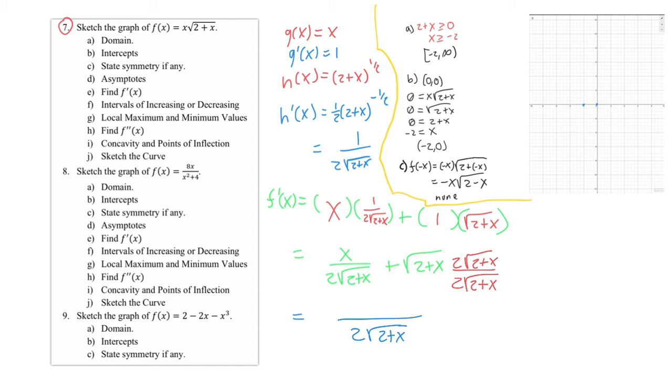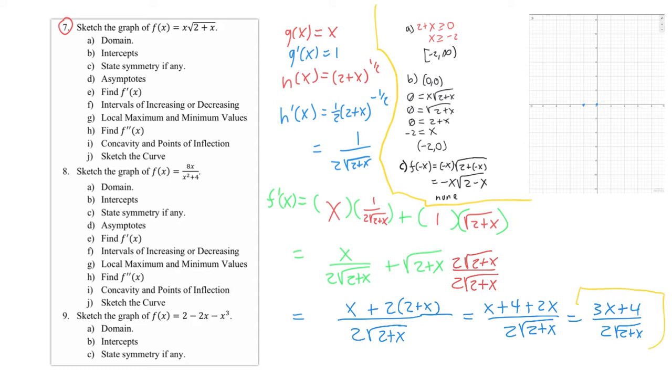And up top, it's going to be x plus 2 times 2 plus x. And that's going to end up becoming x plus 4 plus 2x, which is, up top at least, 3x plus 4 over 2 plus x. So that's the derivative. It's kind of a nicer way of saying the derivative.